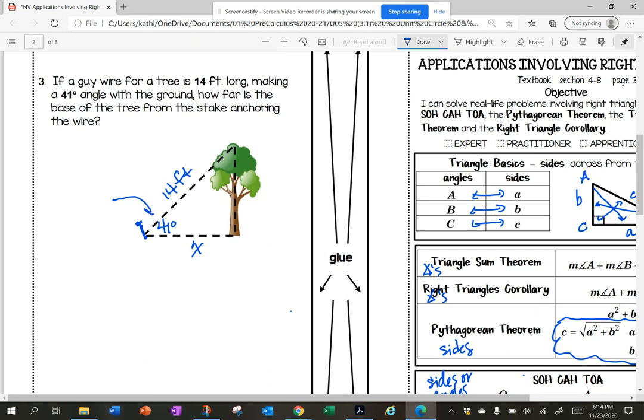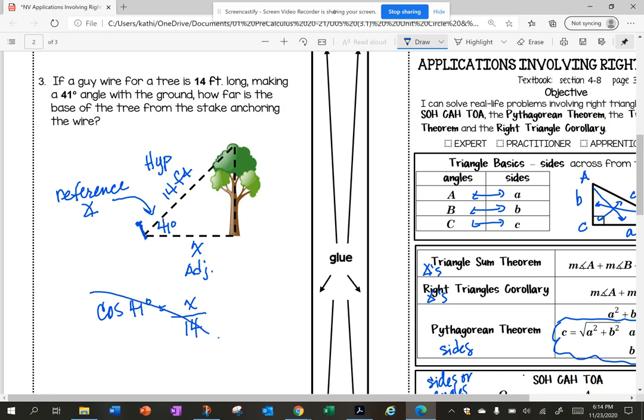So 41, this is my reference angle. So if this is my reference angle, this is my adjacent leg, and this is my hypotenuse. So I know these two sides tell me I am using cosine. So the cosine of 41 degrees equals x divided by 14.